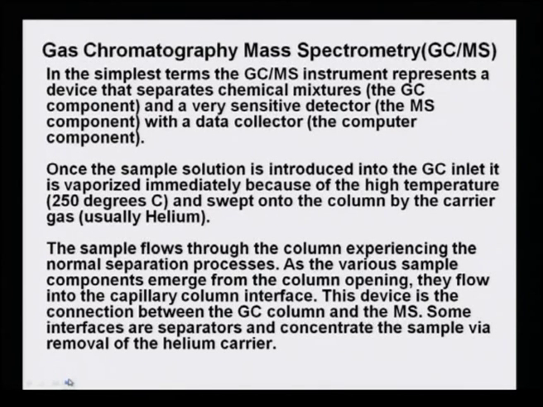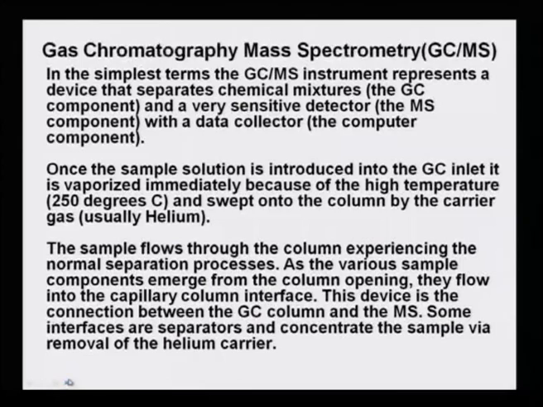This device is the connection between the GC column and the MS, that is the mass detector. So, the point at which the GC outlet and the mass detector meet is called the interface. It should be very clear because these terms will be continuously used and you should be aware of what each term means.